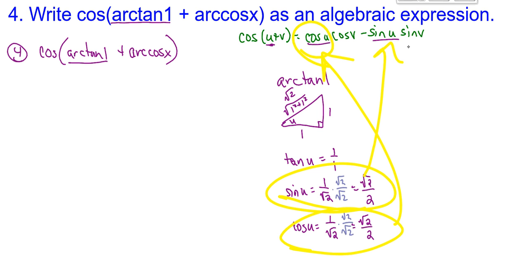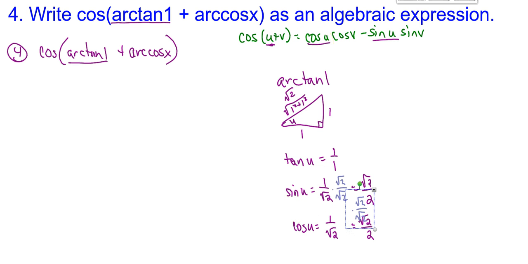Then we'll do the same thing with the arc cosine of x. Let's get rid of all that yellow. I'll maybe use a different color, maybe red. So for the arc cosine of x, I have to get the cosine and the sine.